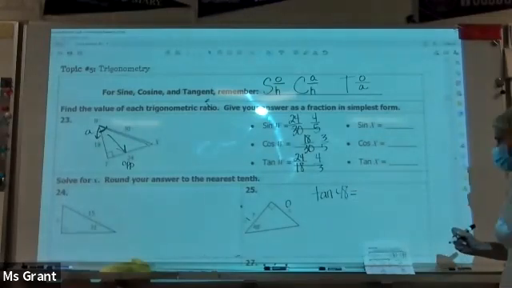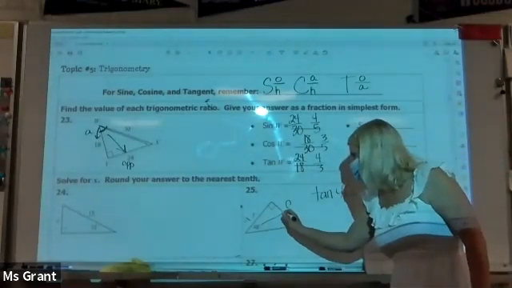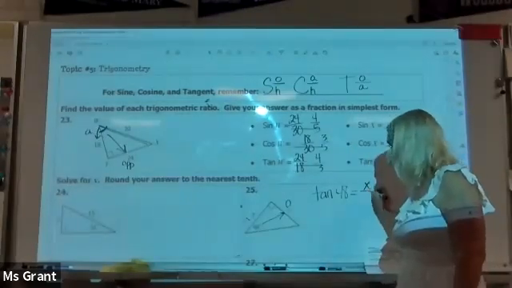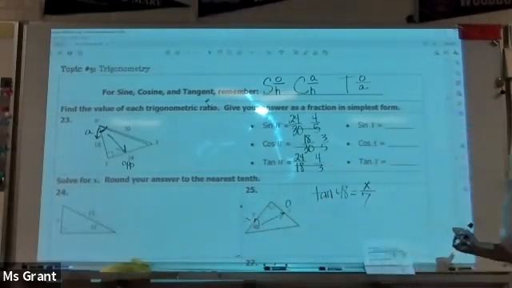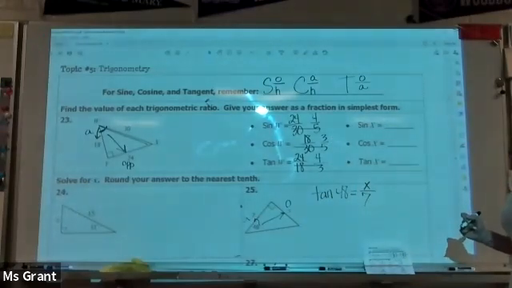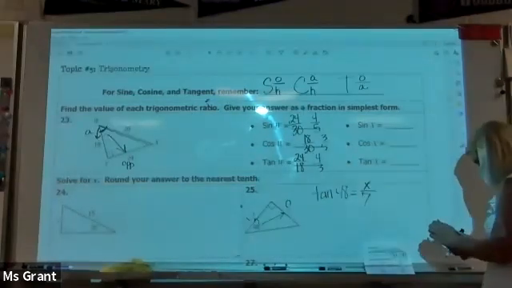Tangent of 48 equals opposite x over adjacent 7. And then this is you using your calculator.